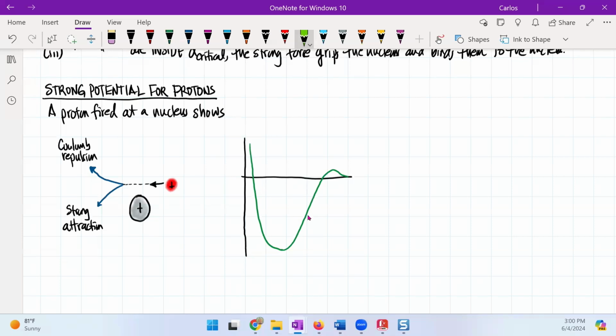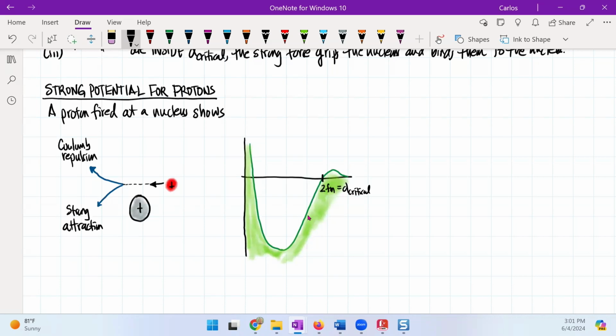All this lime green that I'm drawing here is the forbidden region. And this here is my 2 Fermi point. In other words, this is what I call D critical.